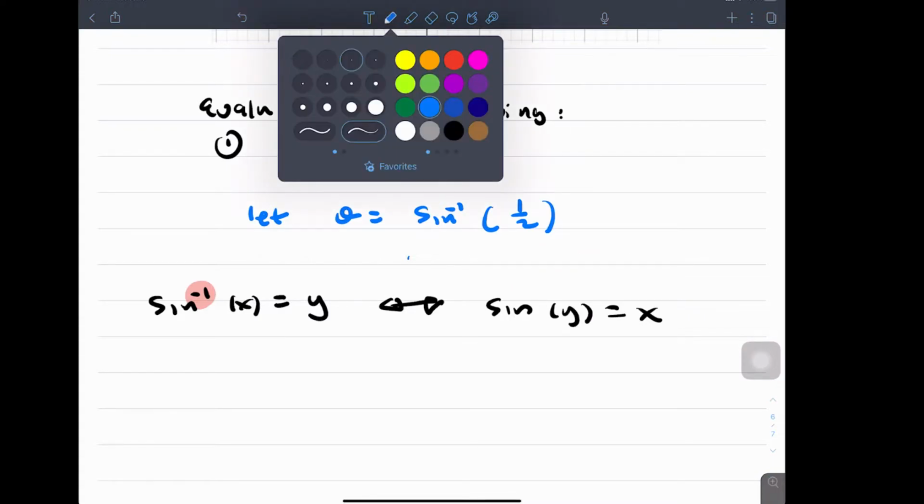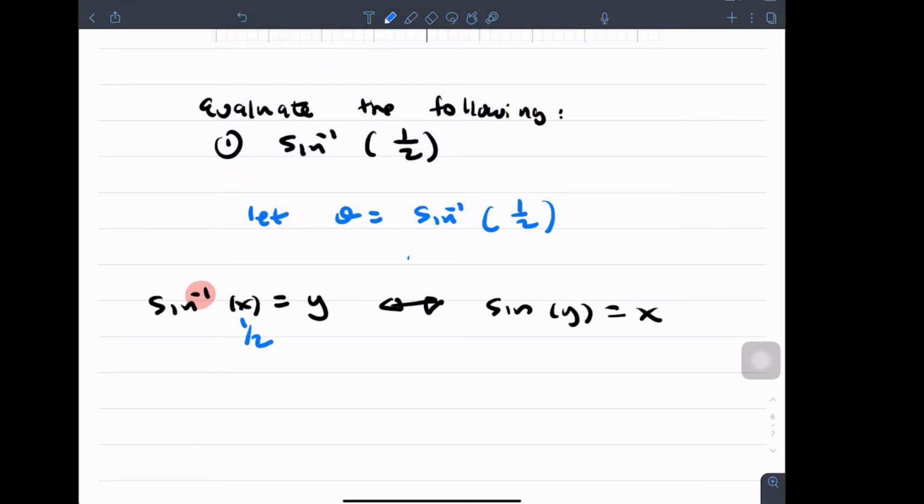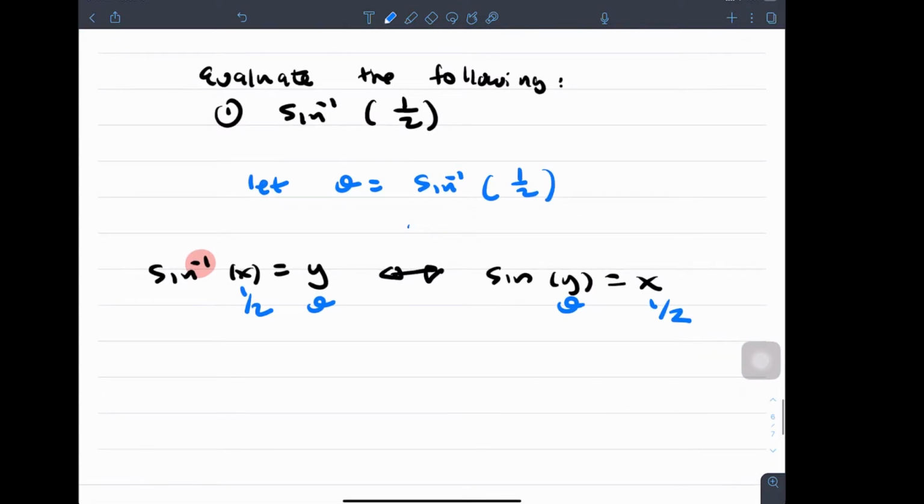What are we saying now? They're saying this is 1/2 and this is theta. What do we say it's equivalent to? Theta and 1/2. This is the definition. So what this now means is sine theta equals 1/2 by definition.